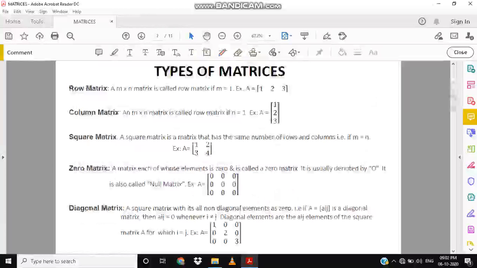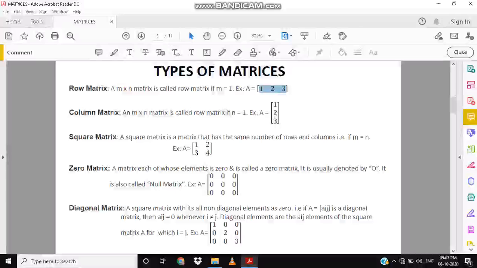Coming to our second topic, the types of matrices. We are mostly familiar with these words: row matrix, column matrix, square matrix. Okay, what is a row matrix? A matrix which contains numbers in only a row and there is no other row. See, this is a row matrix where m is 1.